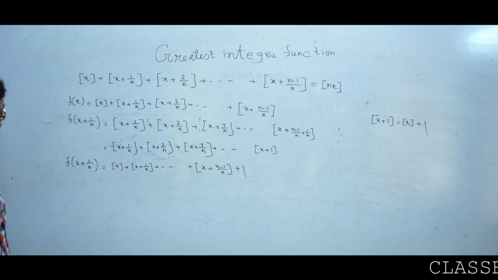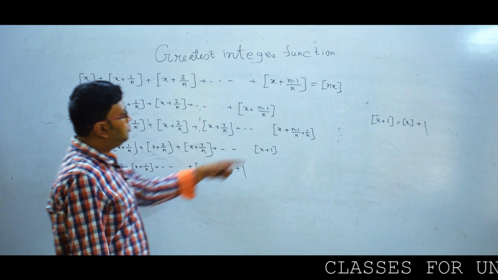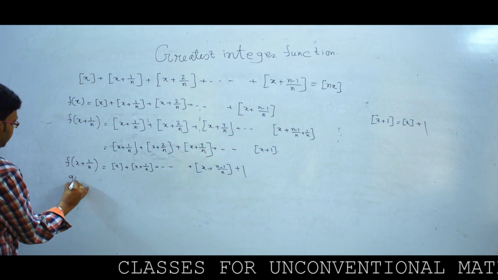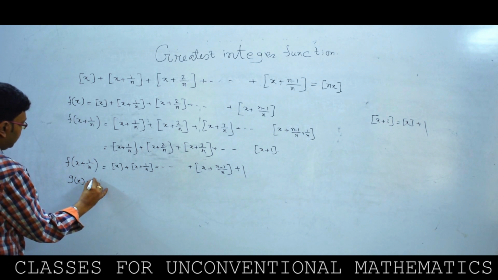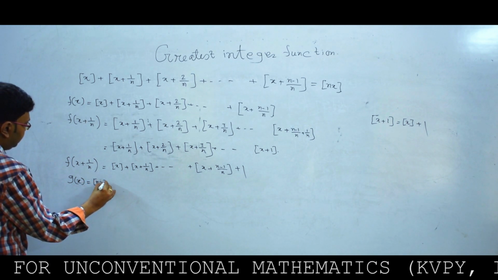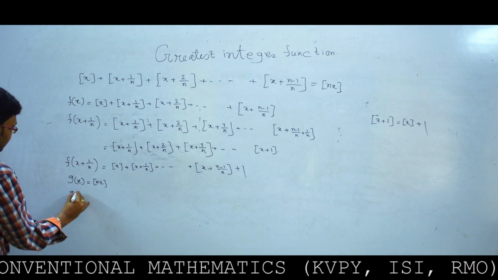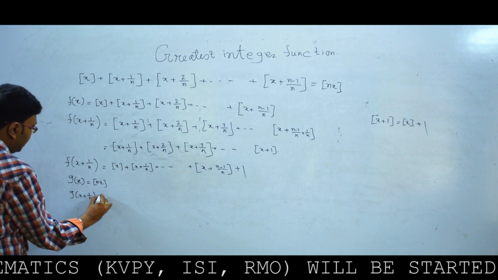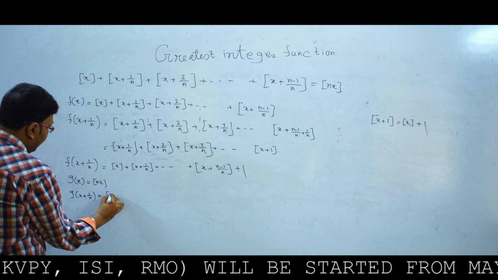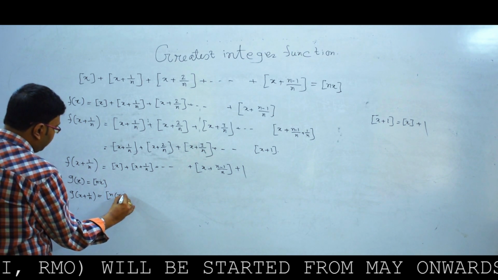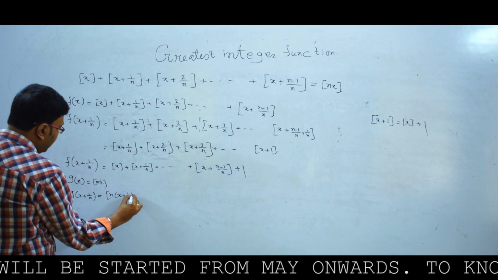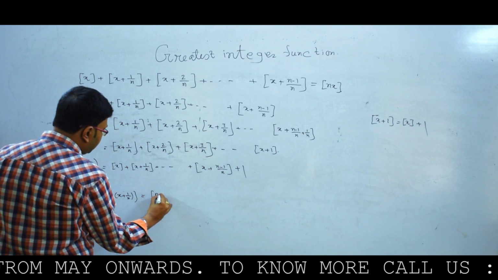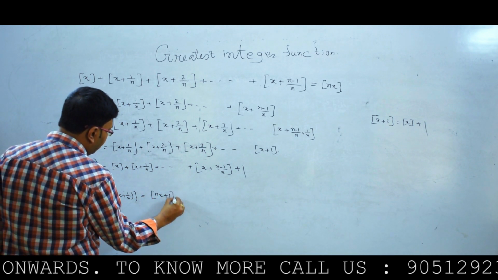Now, if we consider g(x) equal to {nx}, again g(x + 1/n) is {n(x + 1/n)}, and which is equal to {nx + 1}.